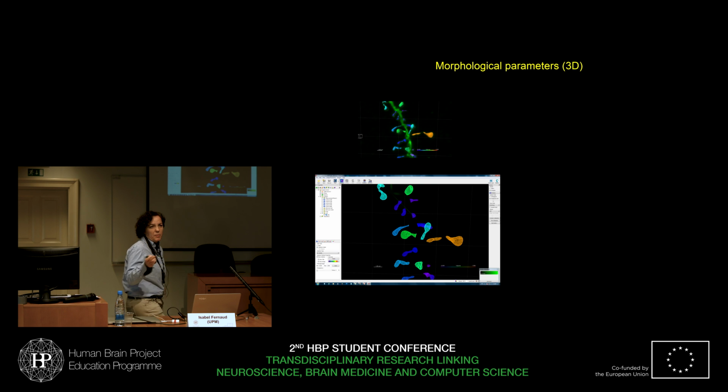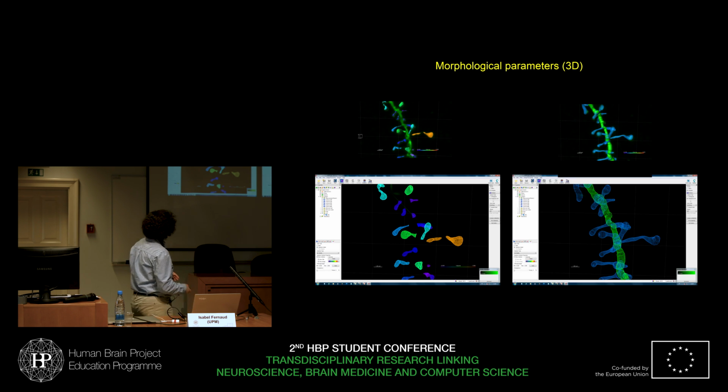I will say informatics people, so you understand that it's not only informatics, it's computing science and simulations and all those things, okay? And there is another module called Filament Tracer, that is more automatic in the sense that you give a point of start and a point of end, and it recognizes the whole way of the dendrite, and it's also able to detect the spines more or less.